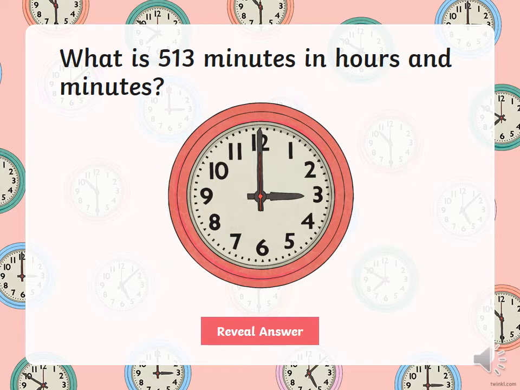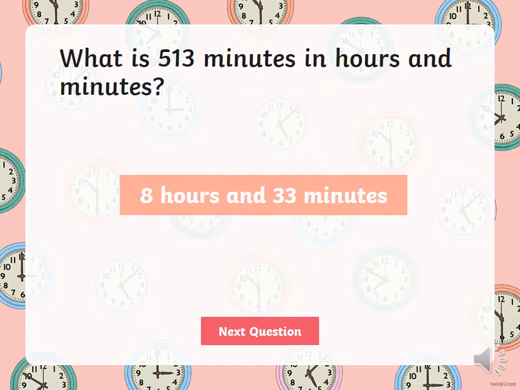Remember, how many minutes in an hour? I want you to pause the video and then work this out. So, 8 hours and 33 minutes. There are 60 minutes in an hour, so you can either go up or come down. What you could do is 60 times 10 is 600.